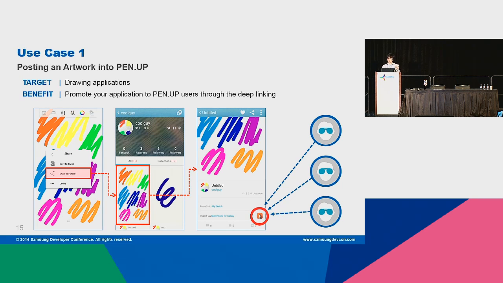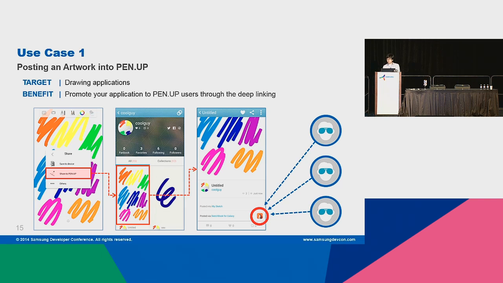There are two main use cases for using PEN.UP SDK. The first one is posting an artwork into PEN.UP. If you implement posting an artwork into PEN.UP using PEN.UP SDK, then a user can directly share an artwork with PEN.UP users as soon as the user draws something in your drawing application.